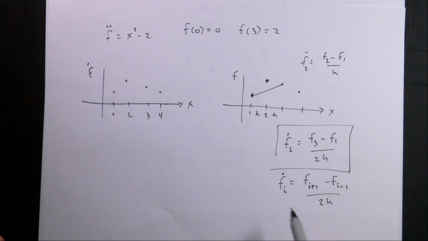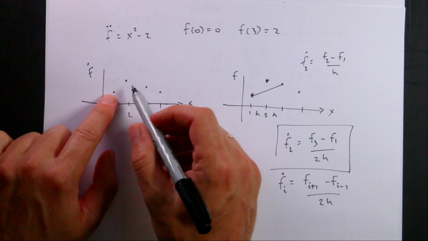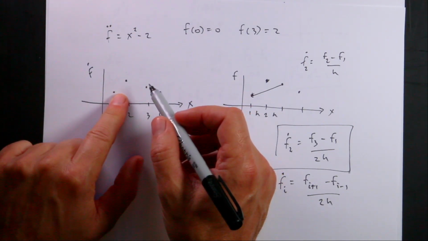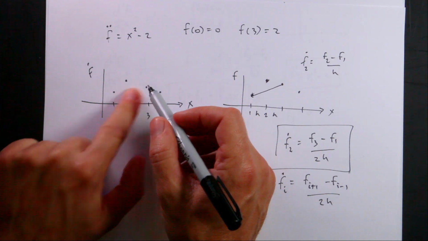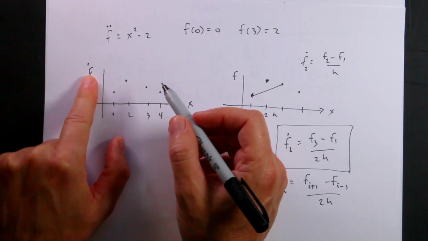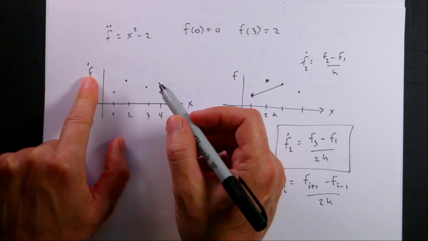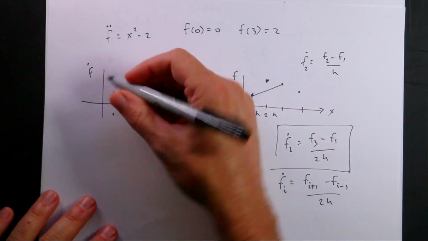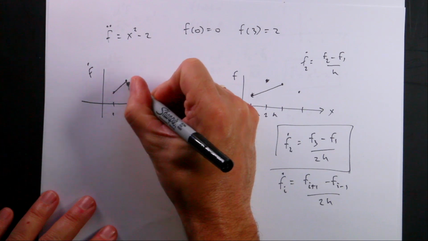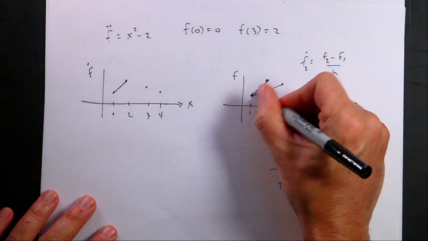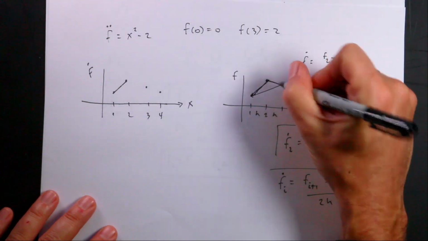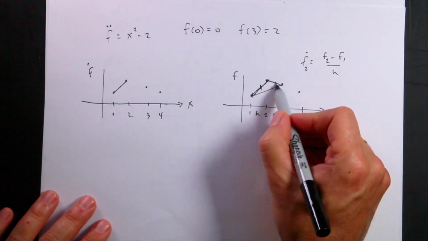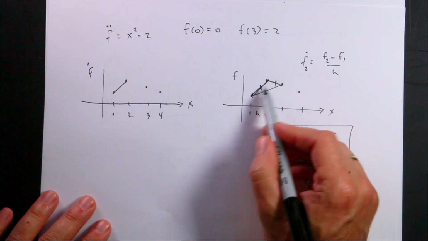Well, the second derivative would be the same thing, except I'm using the change in slope. So if I'm plotting f dot, I can use the slope here and the slope here, and assume we're in the middle of those as my slopes, and take the difference of those.